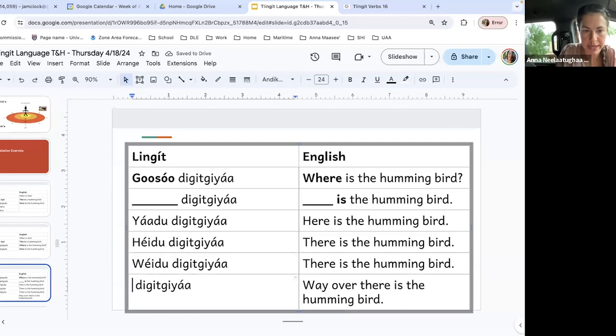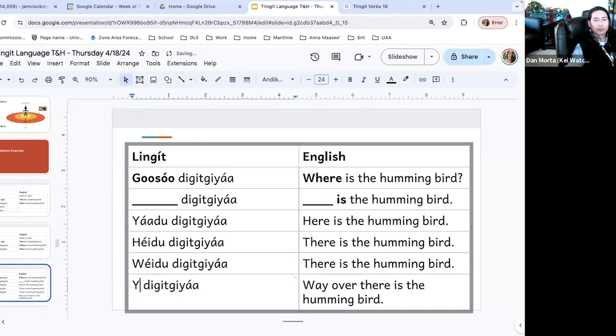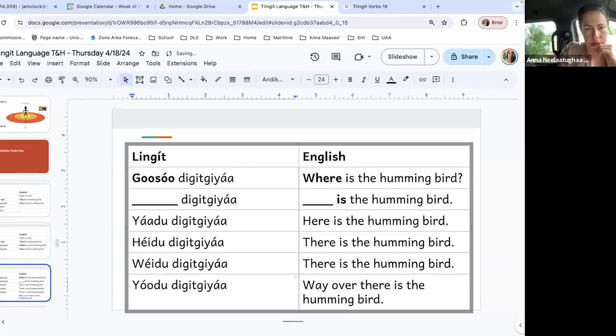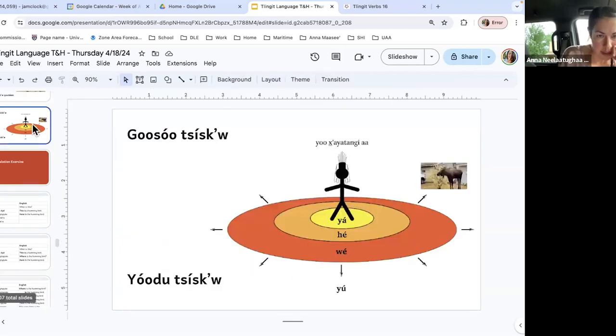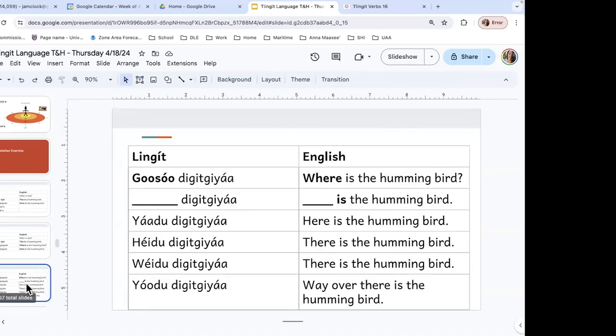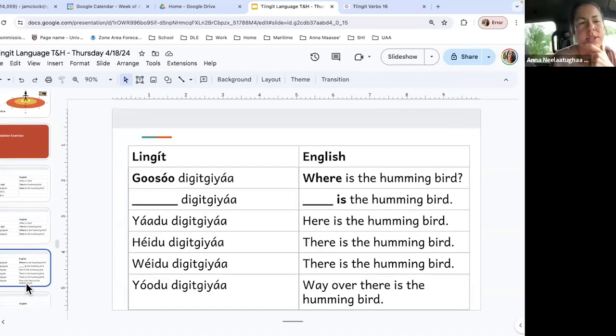And then what if it's way far away from us? Yudu. Yeah, Yudu. So these all change based off how far the object is away from you. And they all correlate with these. Ya, he, we, ya. Any questions on those?